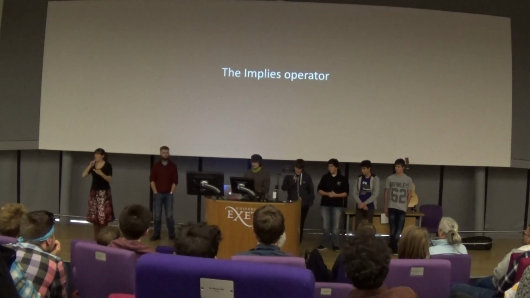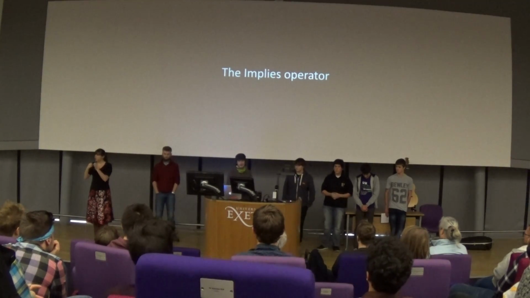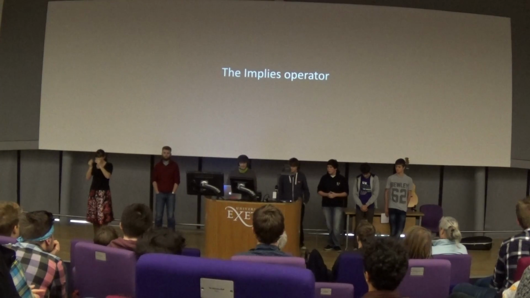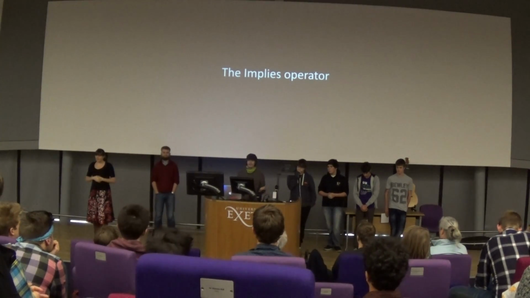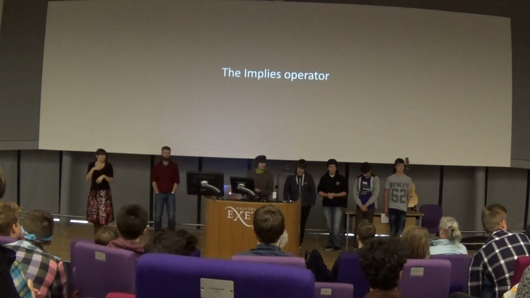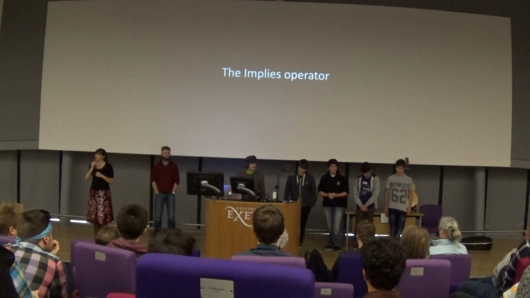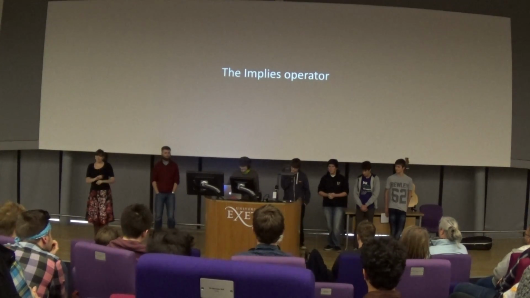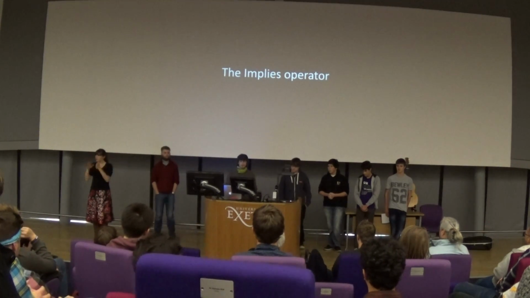So, in order to fully understand tautologies, we had to get to grips with the implies operator. I think that the best explanation that we've had of this so far is from Gihan when he was explaining this to us in the first place, so I'm going to just go ahead and use that. So let's take the statement that rain implies that the ground is wet.